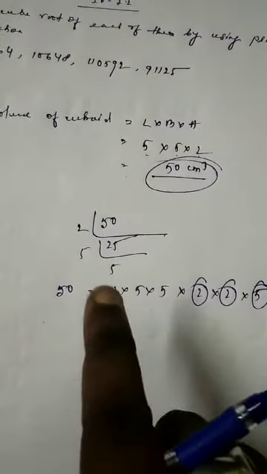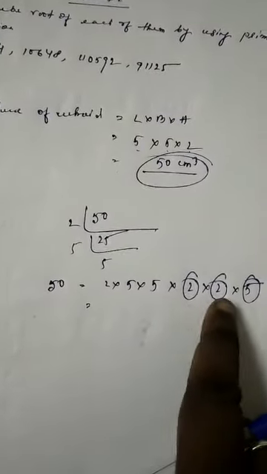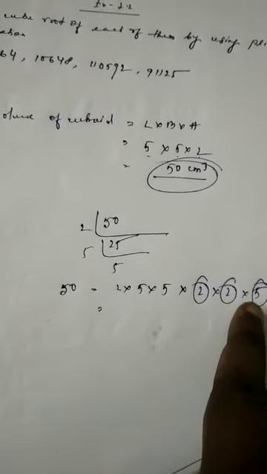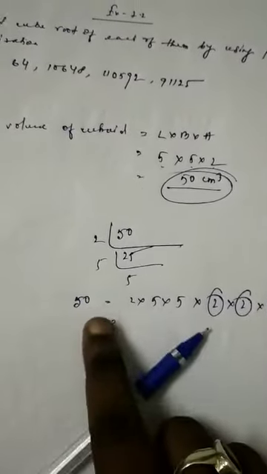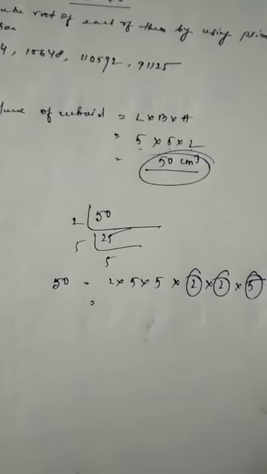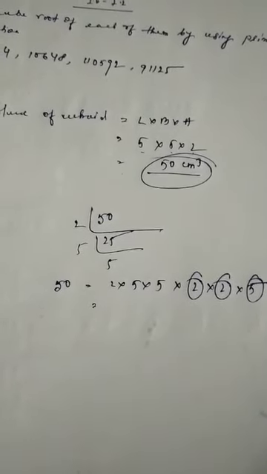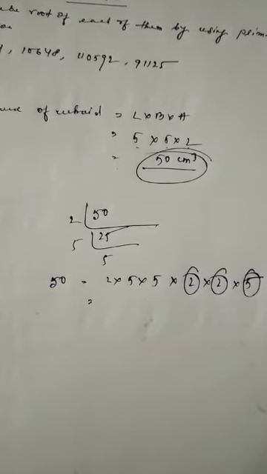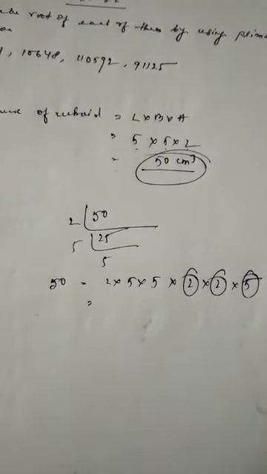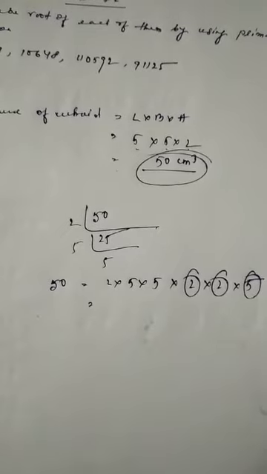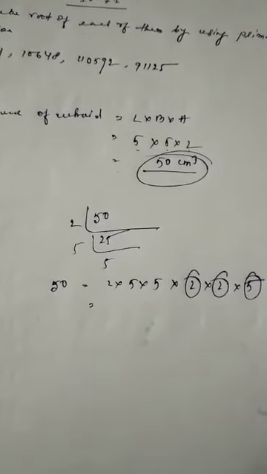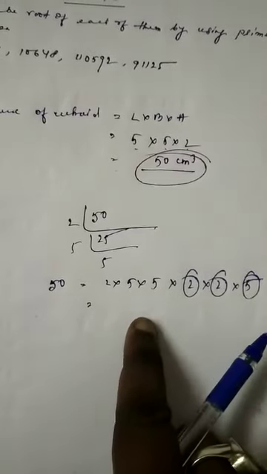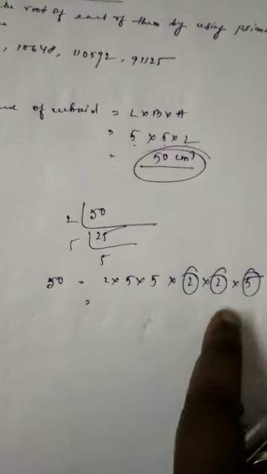Children, I hope you are able to understand my word. 50 will turn into a perfect cube number. It will be 1000, and we know that 1000 is the cube of 10. So 20 is required in order to make 50 a perfect cube number.